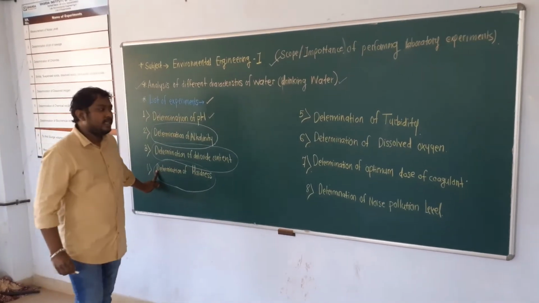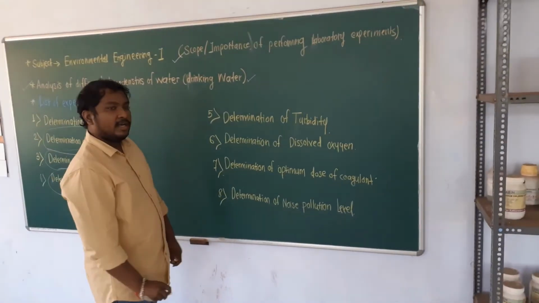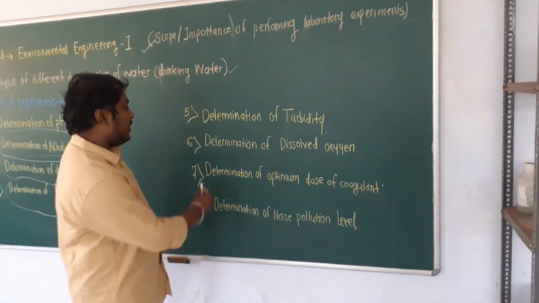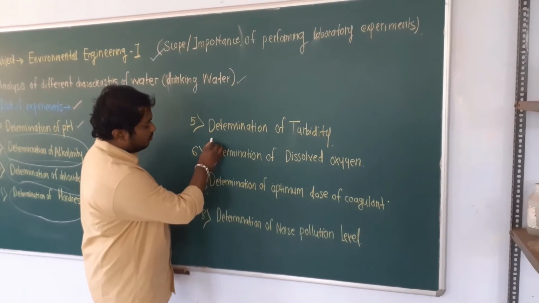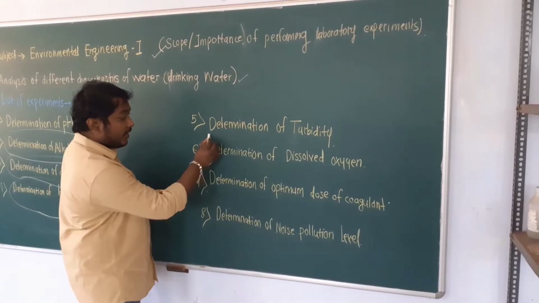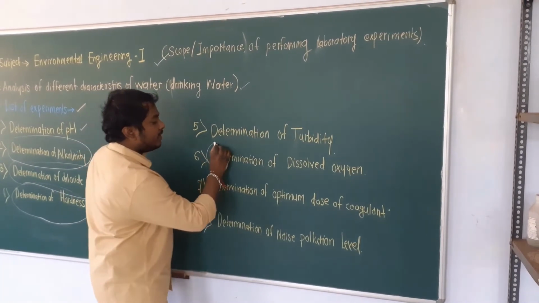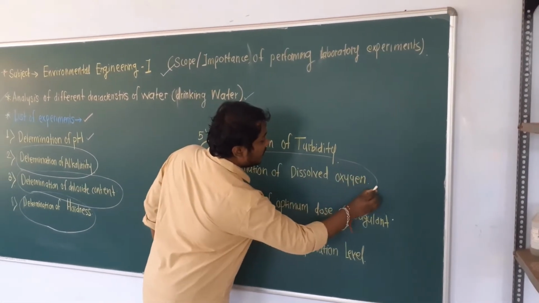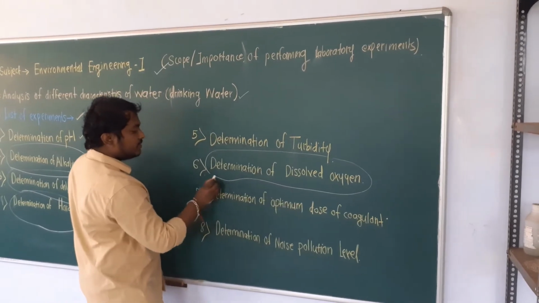This is also a titration procedure, or volumetric analysis, whatever you may name it. Then determination of the dissolved oxygen, a very important experiment in your environmental engineering 1 also. They have introduced this experiment newly in your syllabus.